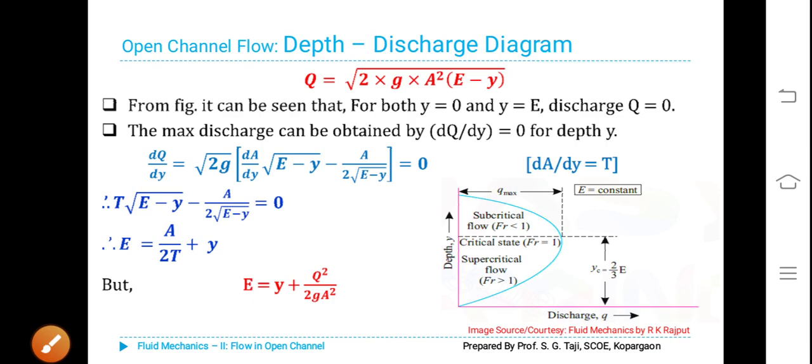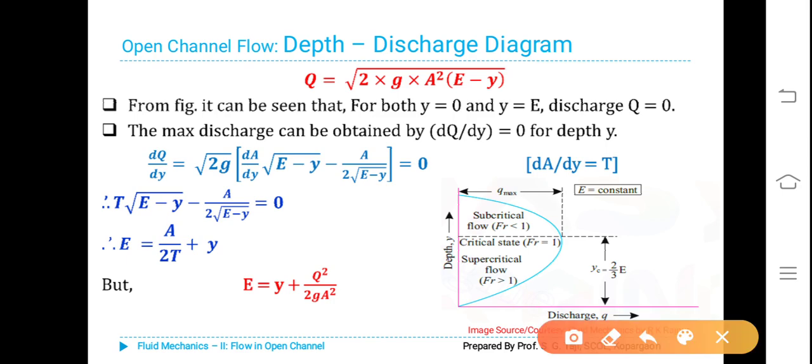The maximum discharge can be obtained by differentiating it: dQ by dy is equal to 0 for the depth y. You will get the equation as under. dQ by dy is equal to the square root of 2g multiplied by dA by dy times the square root of (E minus y), minus A upon 2 root (E minus y), equal to 0.